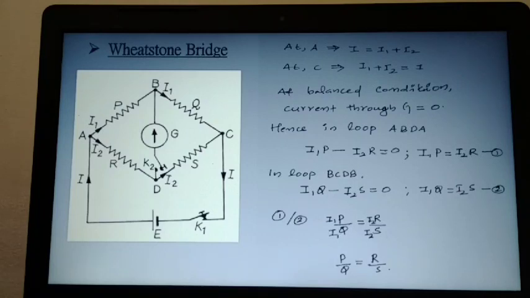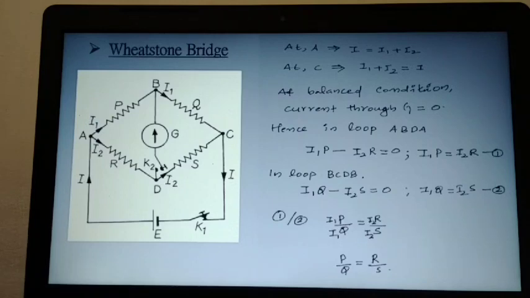I1 will flow through P and I2 will flow through R. When the current I1 reaches the point B, again B is a junction, and at that junction also the current I1 can split. When I1 splits into two, Ig flows through G and I1 minus Ig will flow through Q.